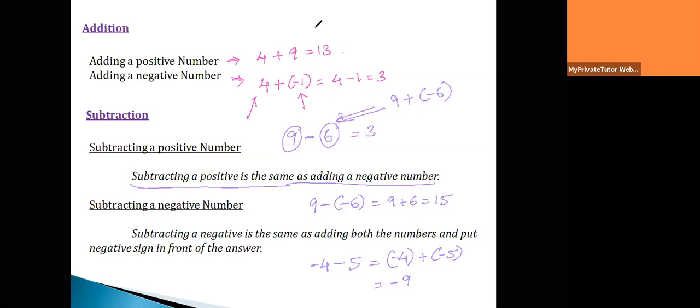Okay, let me explain a few more things using the whiteboard. Okay. So in addition and subtraction, we can just interrelate. We can convert addition to subtraction if needed and subtraction to addition if required.